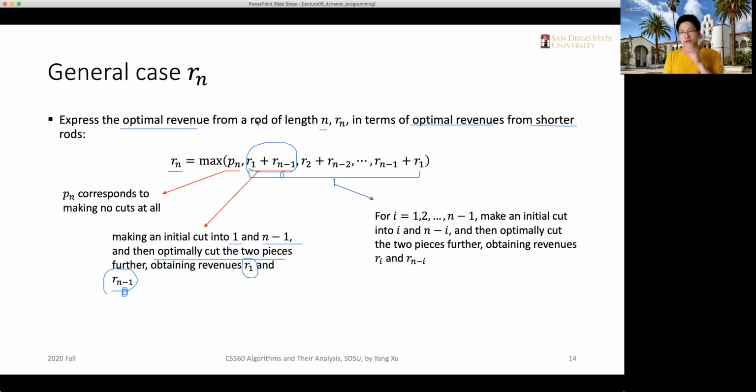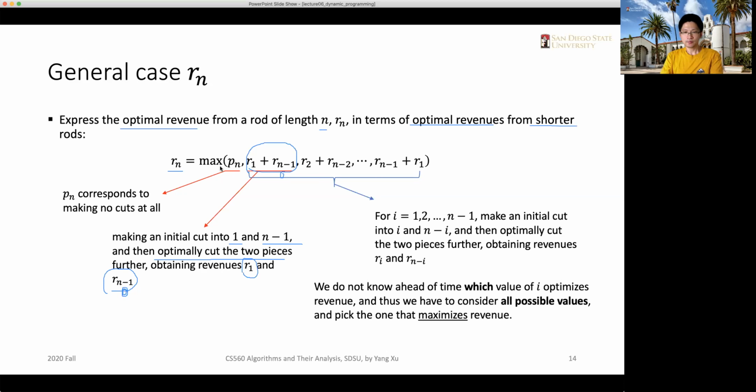We need to select the best option out of these possible combinations. But we do not know ahead of time which value i we should choose. So we have to consider all possible values from i equals 1 to i equals n minus 1, and pick the one that maximizes the revenue.